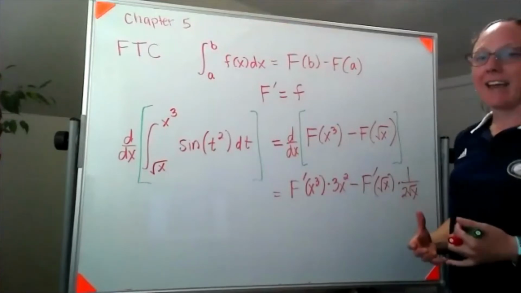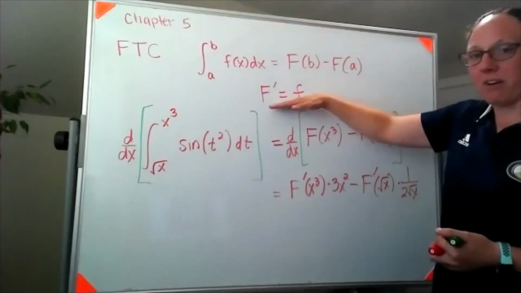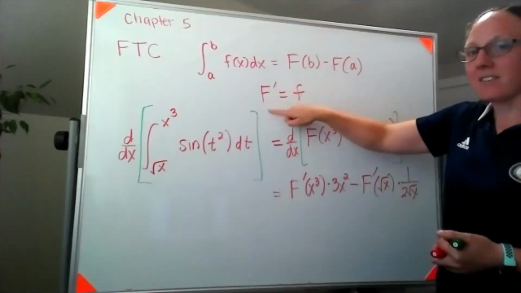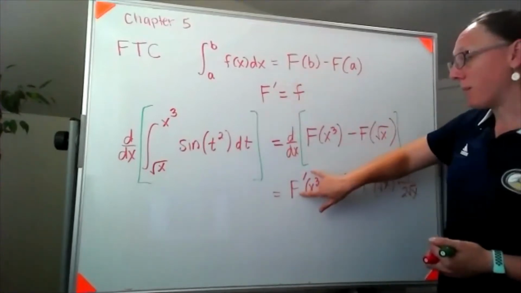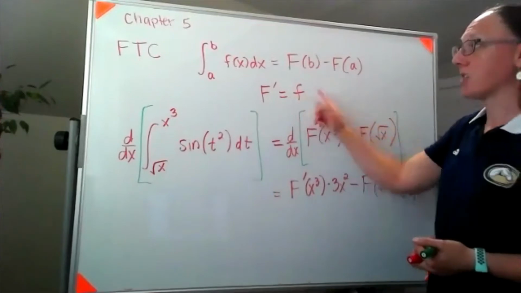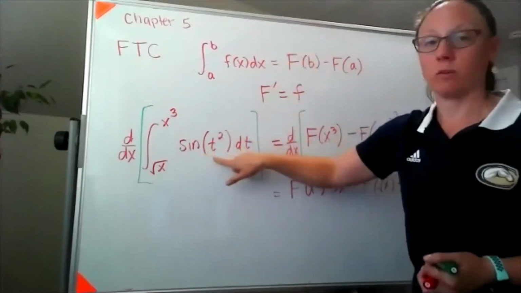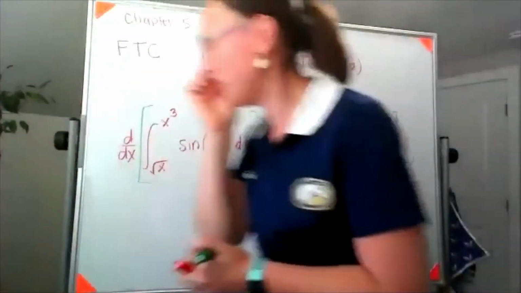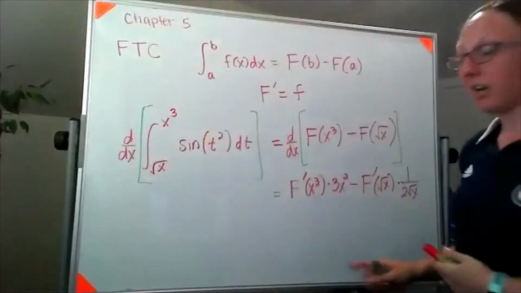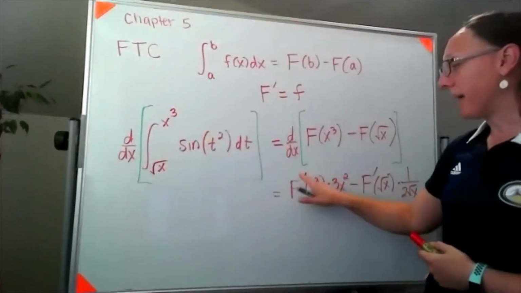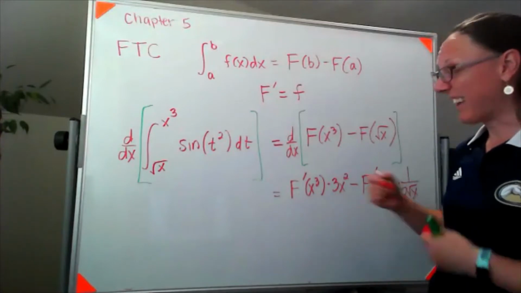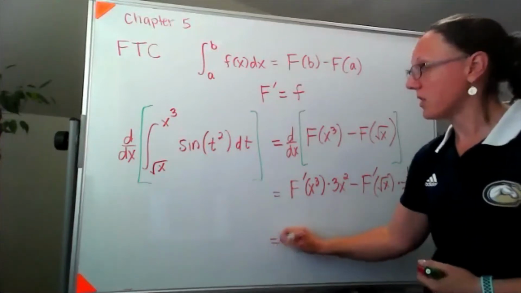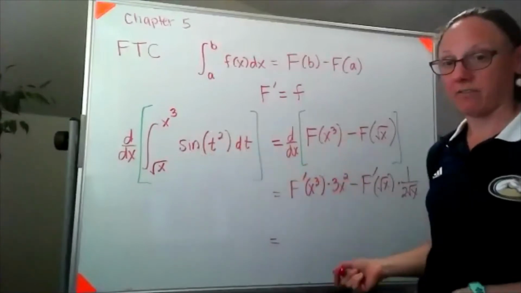Well, we're not done yet, because the second part of the fundamental theorem of calculus tells us what big F prime is. That means my big F prime should match whatever the function was we were trying to integrate. So my final step is to replace that big F prime of x cubed by plugging x cubed into the function inside of the integral.